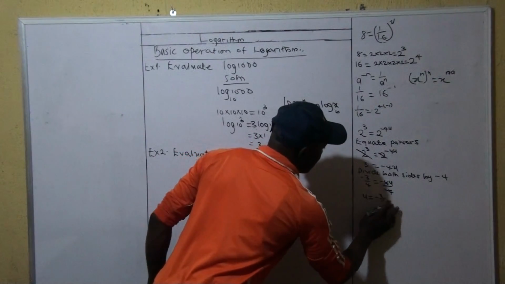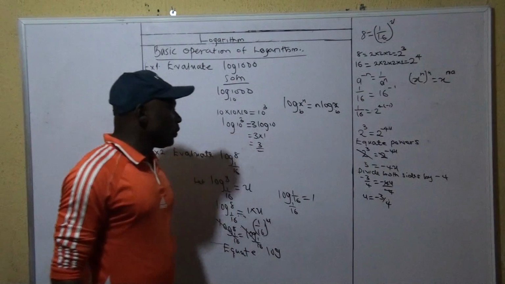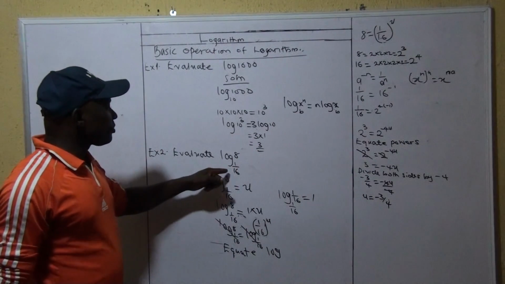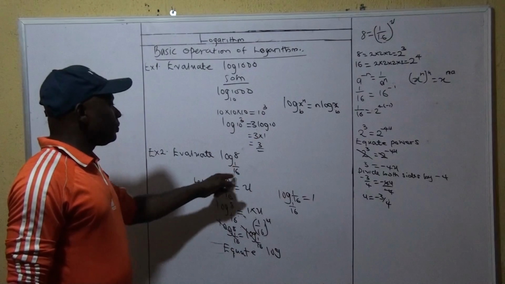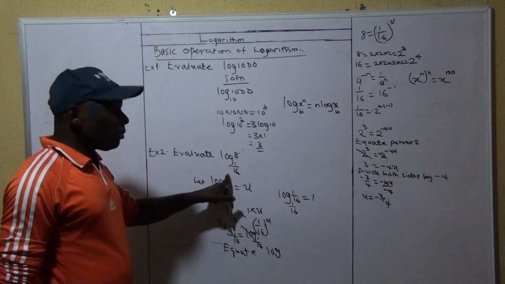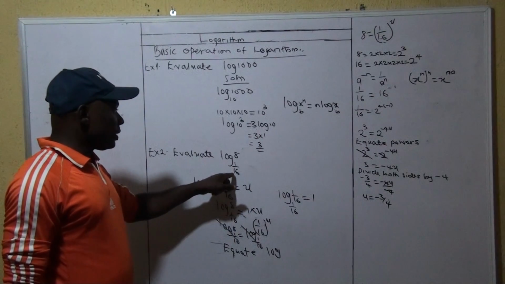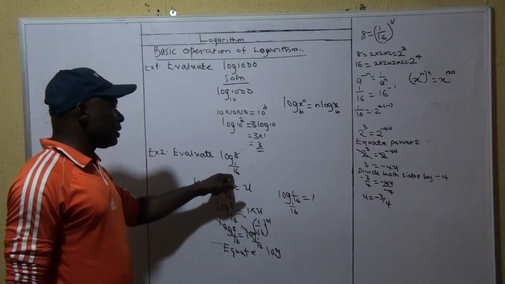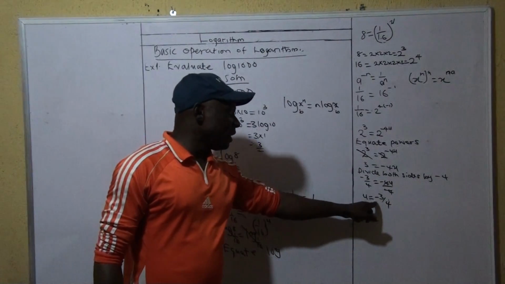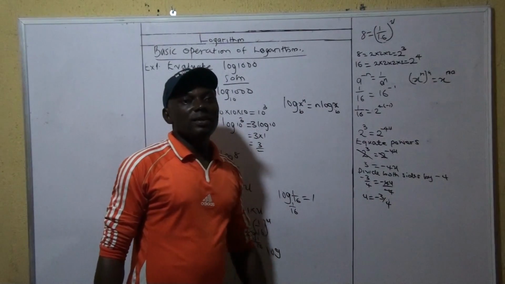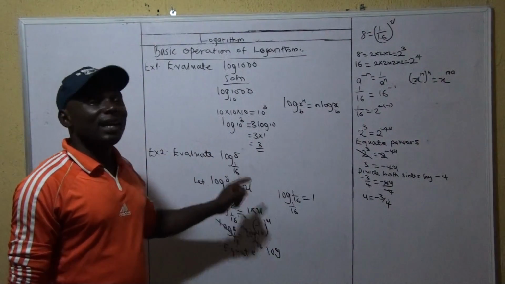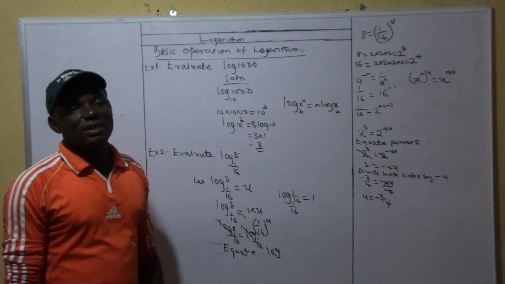So it means that we are going to raise 1 over 16 to the power minus 3 over 4 times before we can obtain 8. That's what it means.